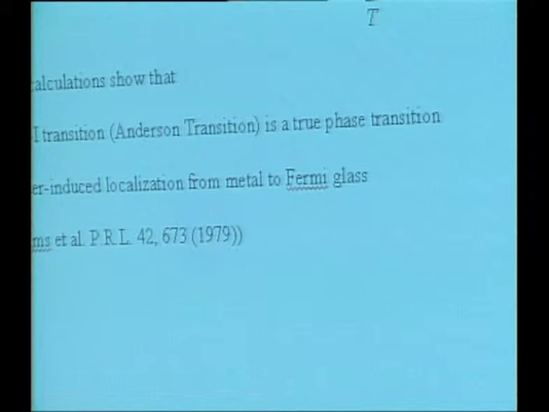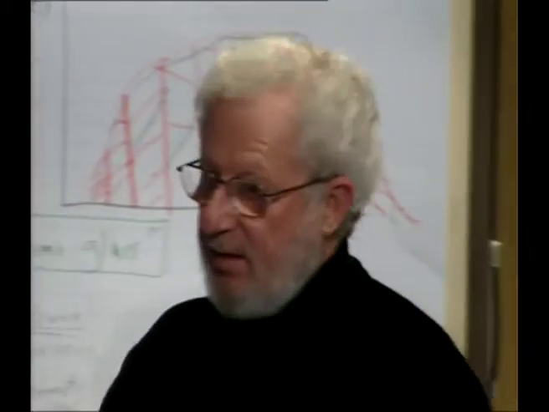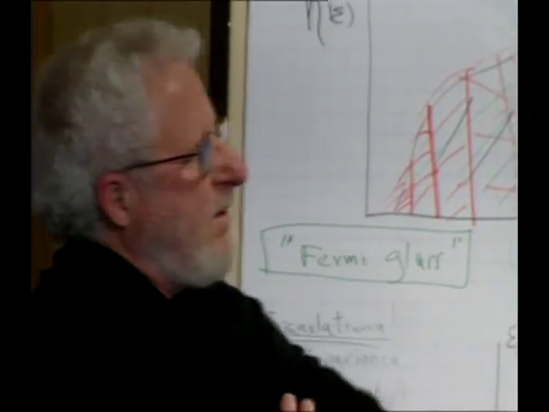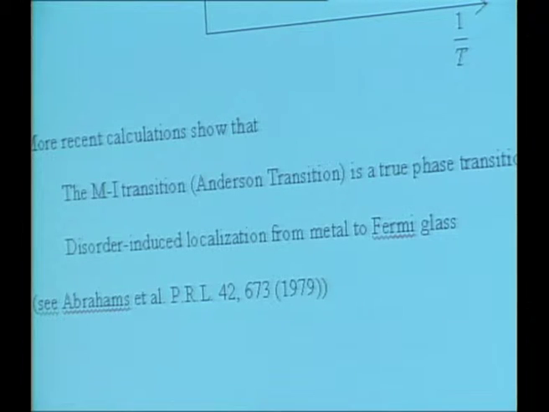It's slightly more complicated. In this very important paper in 1979, a group of 4 people, including Anderson, proved that the metal insulator transition due to disorder is a true phase transition, like a ferromagnetic paramagnetic transition, or the melting of water, melting of ice, etc. It's a true phase transition.